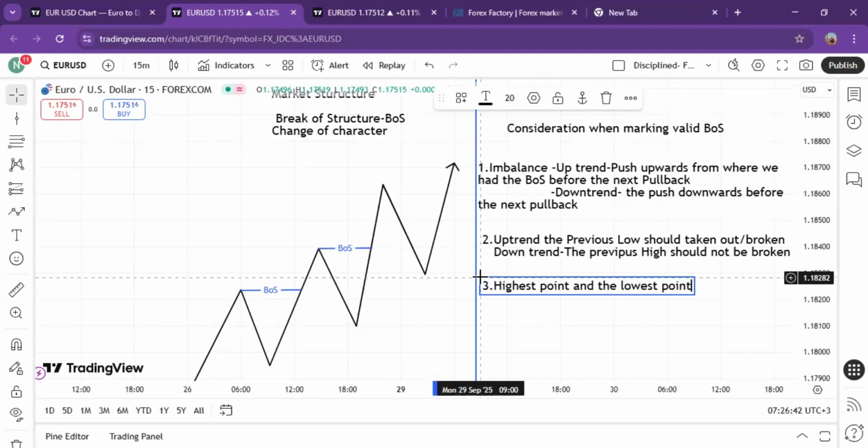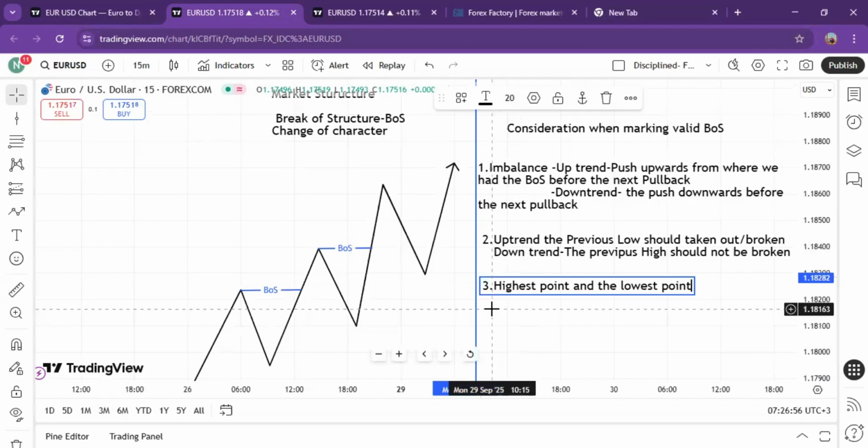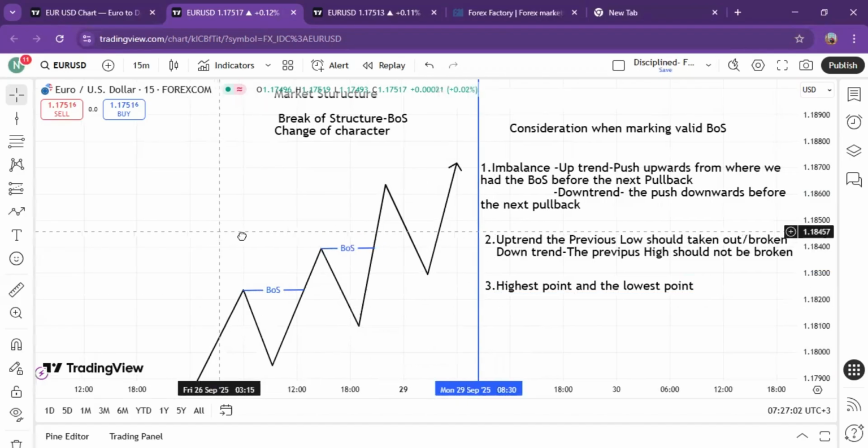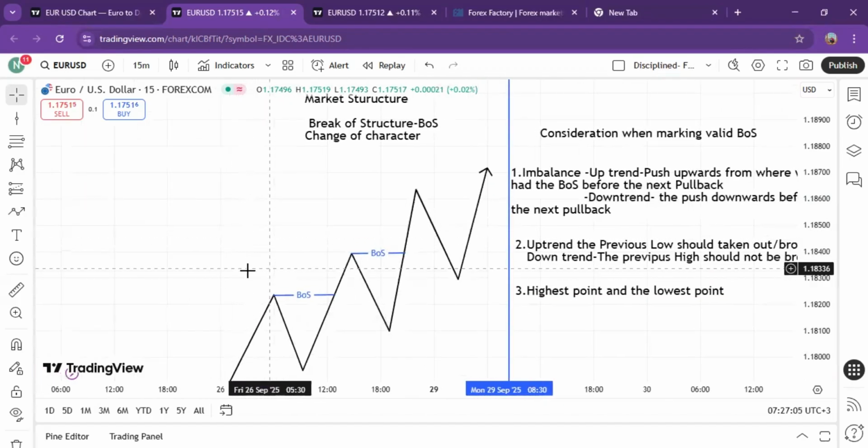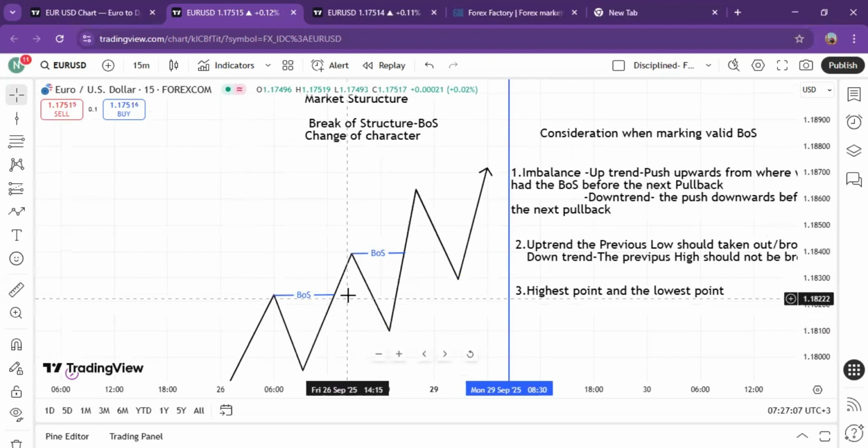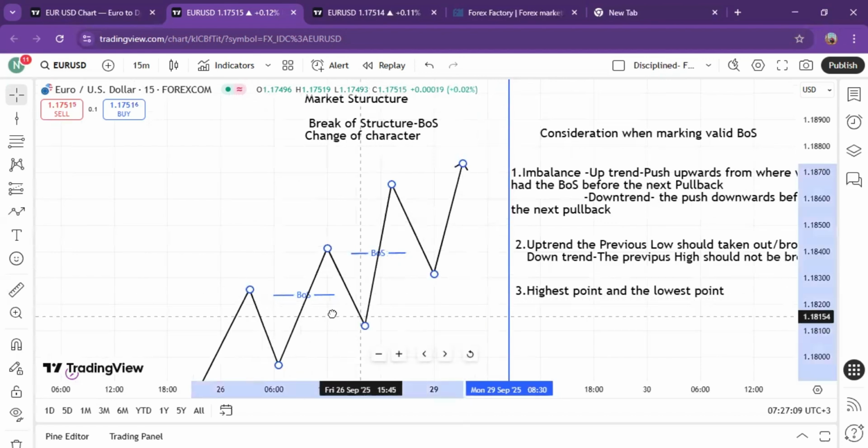Now, if you understand number 3, then you are going to understand the reason why we call them higher highs, higher lows, or lower highs, lower lows. Okay? So, let's go to each and discuss. Then we are going to discuss number 4. But number 4, we are going to be looking at the Fibonacci retracement tool. So let's discuss each in detail.